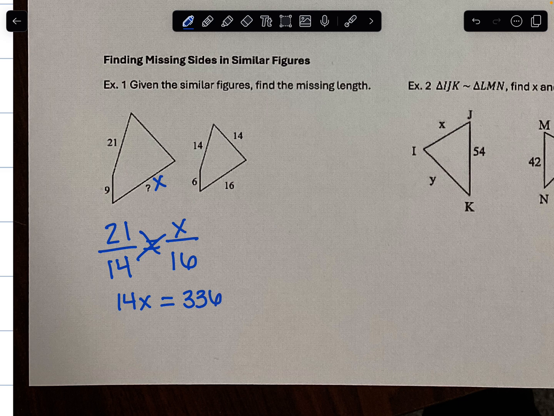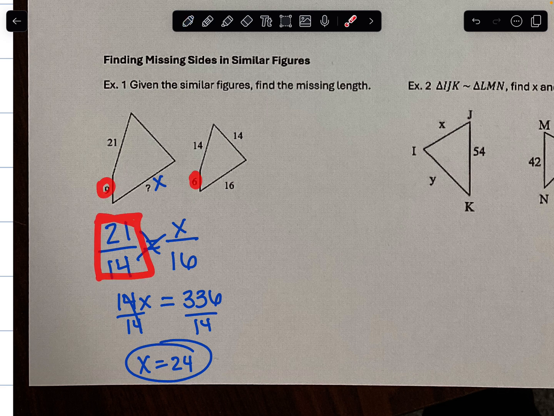Okay, Weston, what's my last step to get x by itself? Divide by 14, so x is going to be equal to 24. Would you have got the same answer if you chose to do 9 over 6 right here instead of 21 over 14? Yes. Okay. It does not matter what sides you choose. Just pick 2 that are proportional and then solve for your missing side.